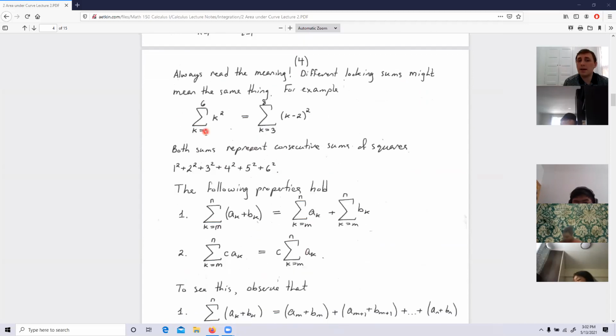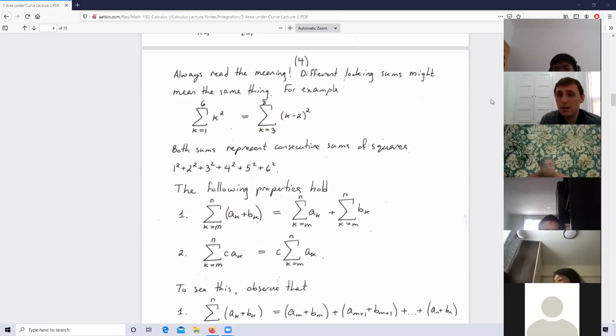So for example, the sum from k equal 1 to 6 of k squared could also be written as the sum from k equal 3 to 8 of k minus 2 squared, because here I subtract 2, so in essence the number is the same: the number is 1, then 2, all the way to 6. Those two expressions mean exactly the same thing.